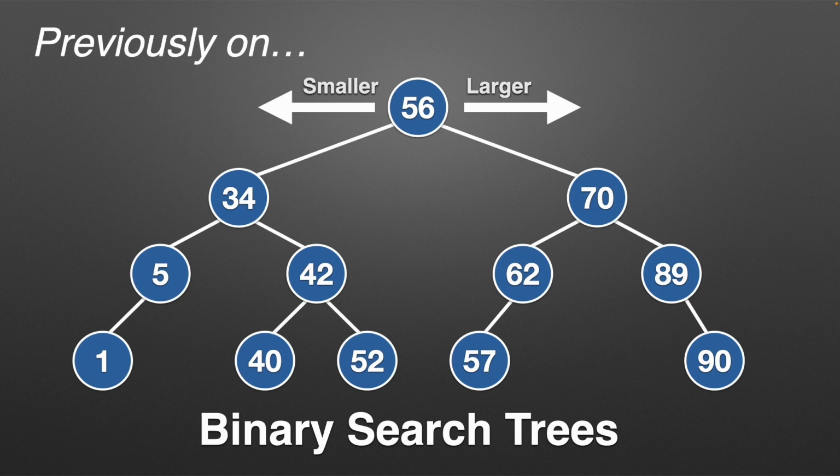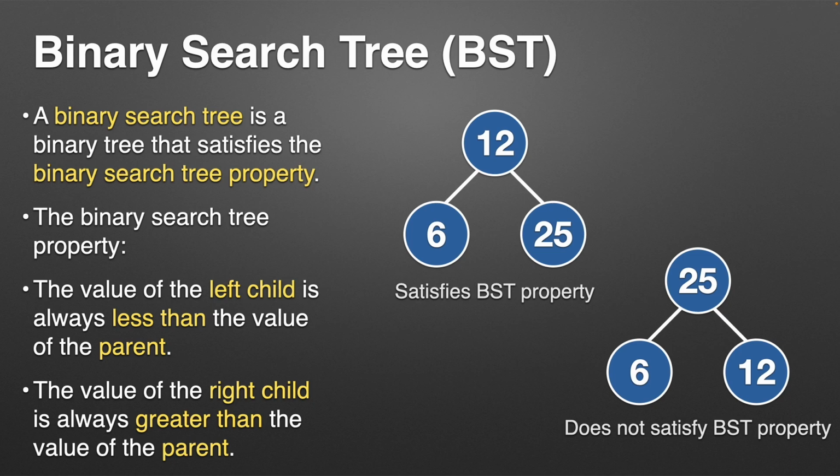We continue that down, and we can consider each node its own subtree and apply that principle. And so we've been doing that for a while now. Then there's your very basic example of something that is a binary search tree and something that is not a binary search tree. They're both binary trees, but only one is a binary search tree.